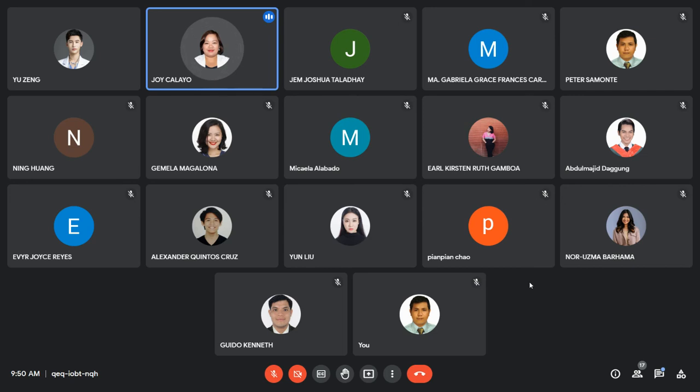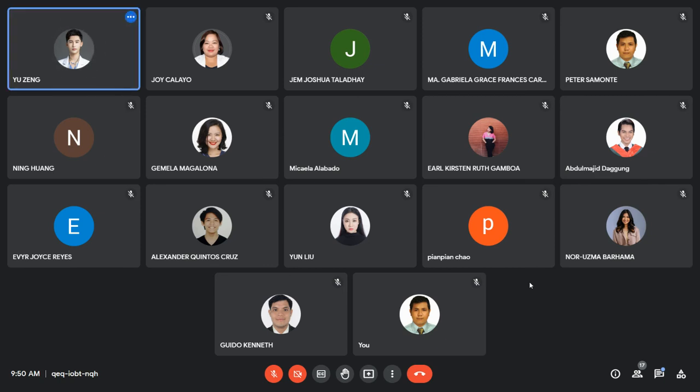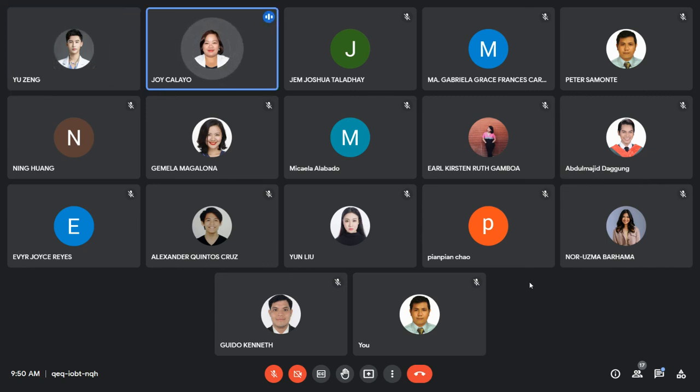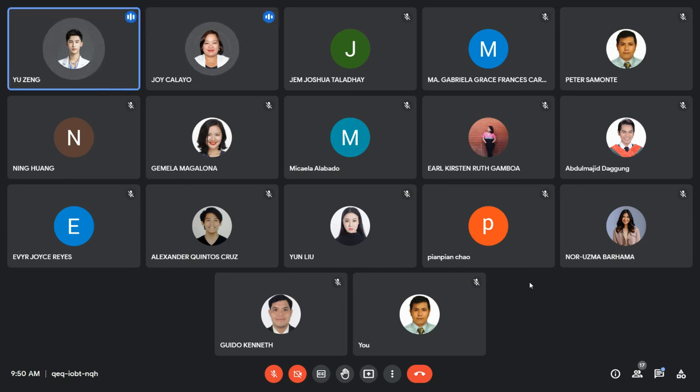Now for the Epstein-Barr virus, can you tell us what specific cell or cells it infects? I think I haven't done much research about that. You can include it next week. Definitely. I will further explain this in our next meeting.